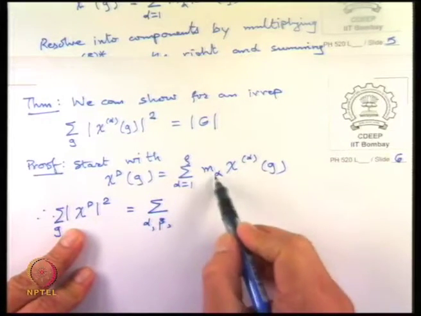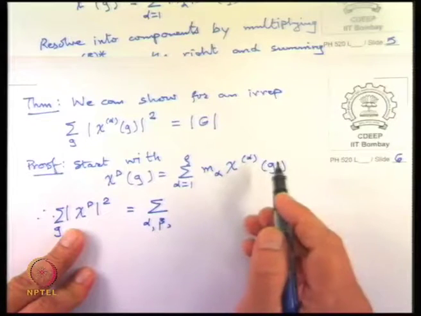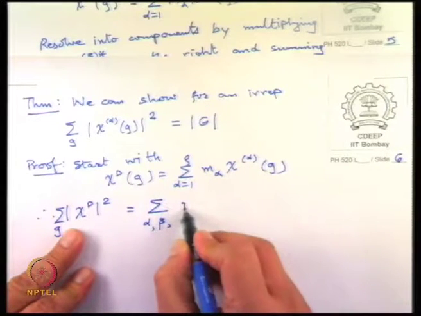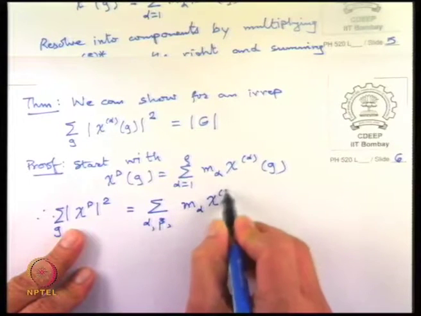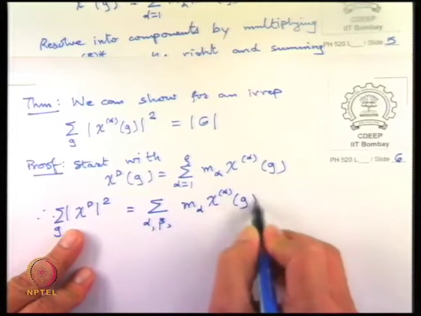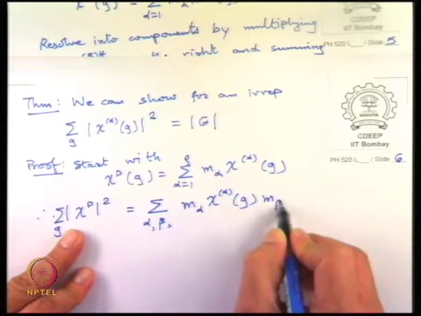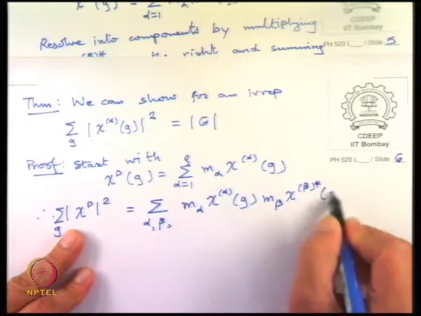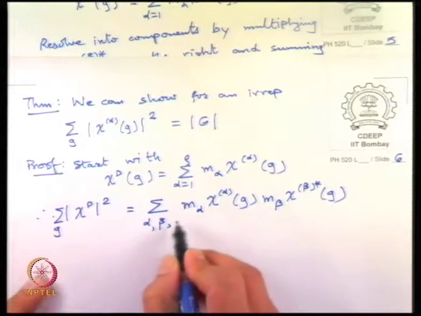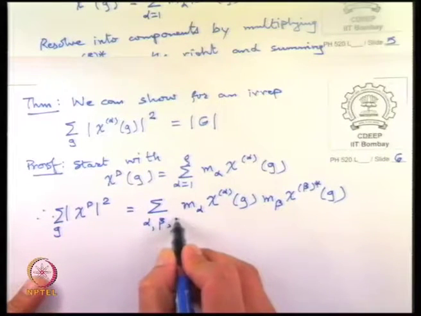We just put different summation indices alpha and beta in the two. So we will get m alpha chi alpha G times m beta chi beta star G, right, and the sum now is over alpha, beta as well as G.